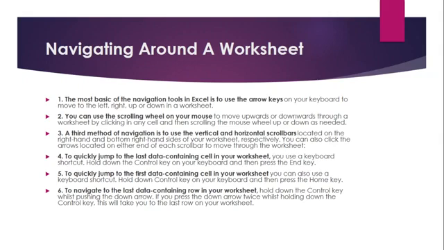To navigate to the last data containing row in a worksheet, you hold down the control key while pushing the down arrow. If you press the down arrow twice while holding down the control key, this will take you to the last row in a worksheet.